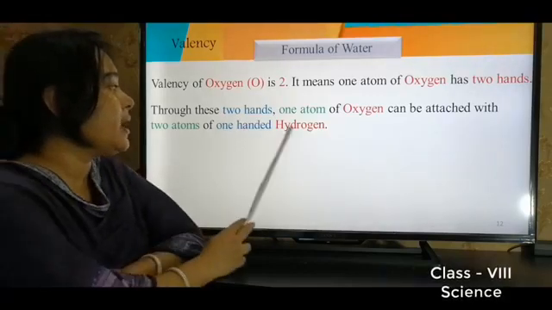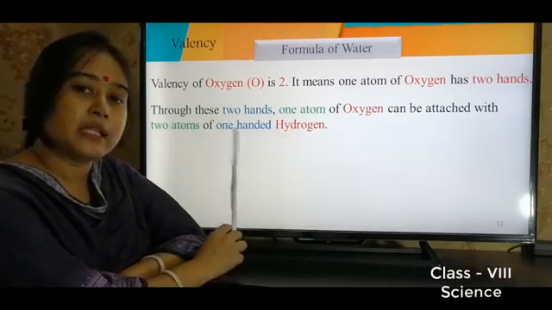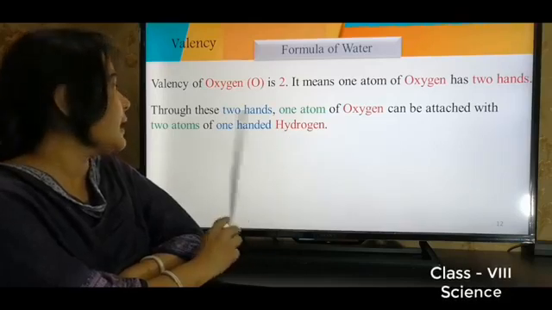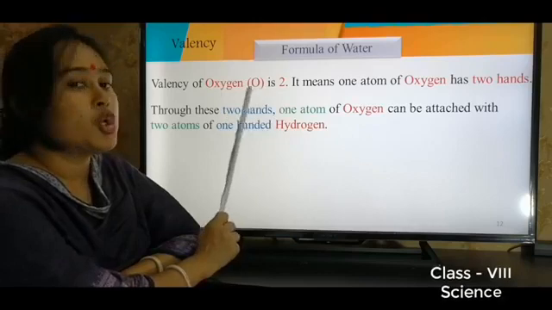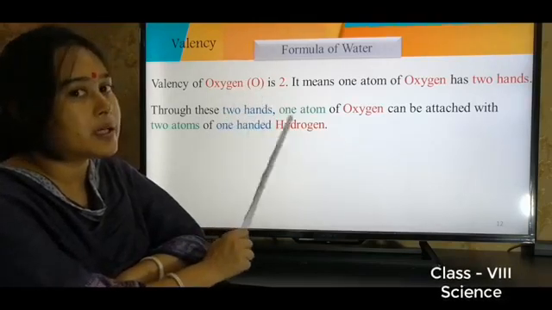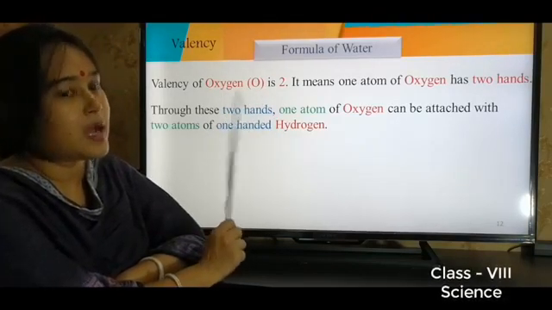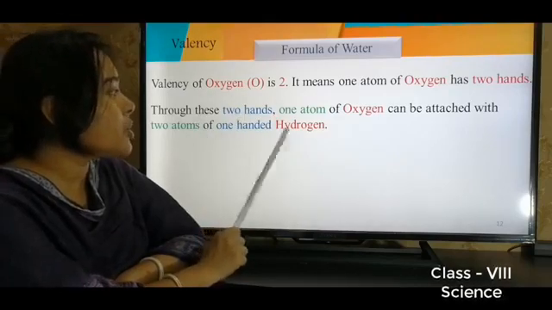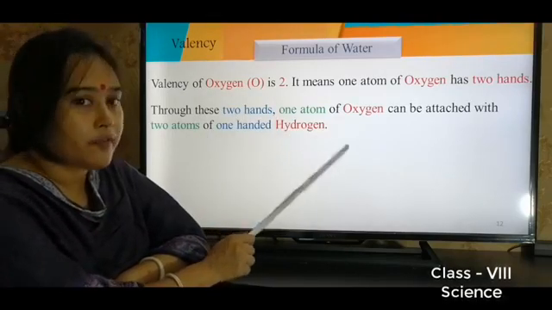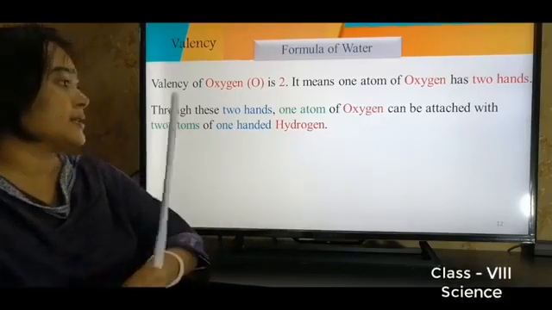So one-handed hydrogen means the valency of hydrogen is 1. And here you can see the valency of oxygen is 2. We can consider this valency as hands, so one atom of oxygen has two hands.